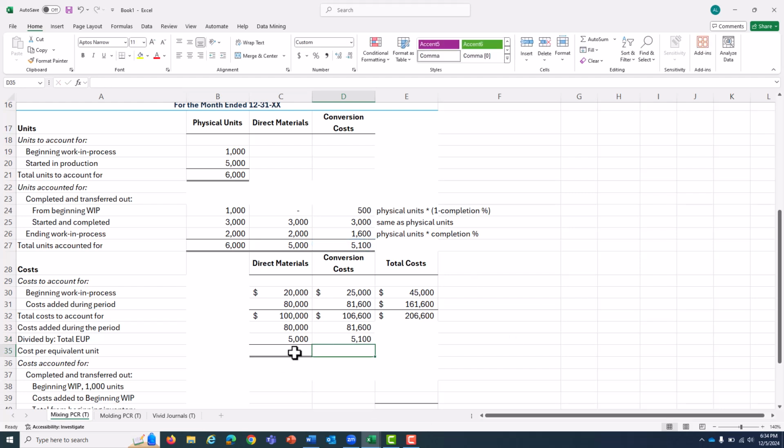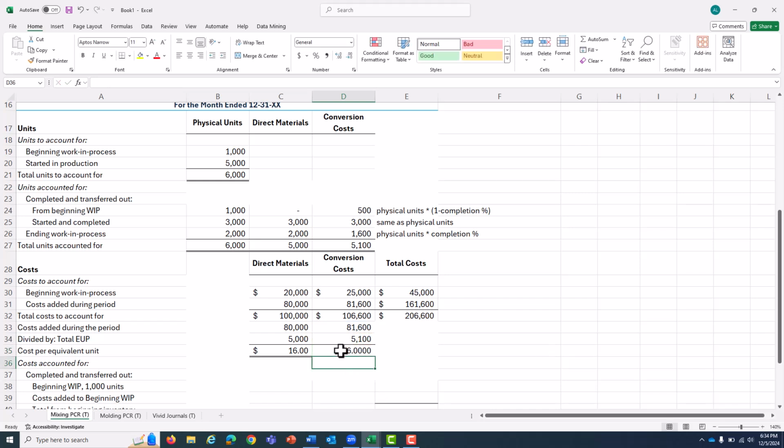So to find my cost per equivalent unit, all I'm going to do is take how much got added during the period and divide by the total equivalent units of production we know that could have made. If $80,000 in material costs is enough to make 5,000 batches, well then each batch, start to finish, costs $16 in material costs to complete. $81,600 worth of conversion costs would have been enough to make 5,100 batches of crayons from start to finish.